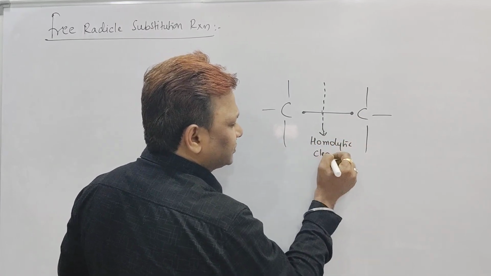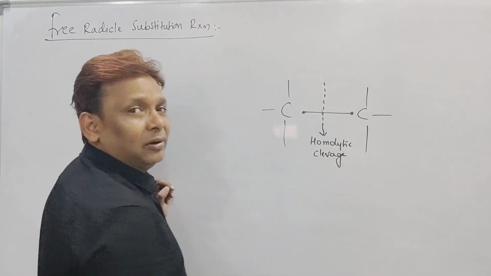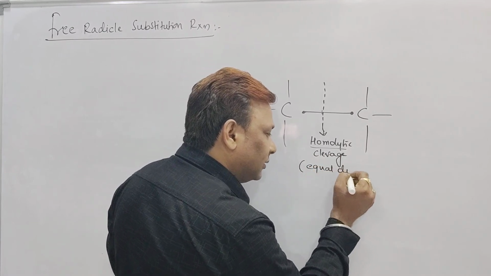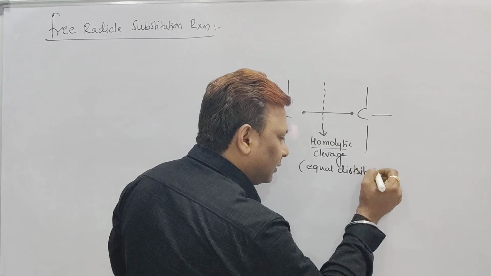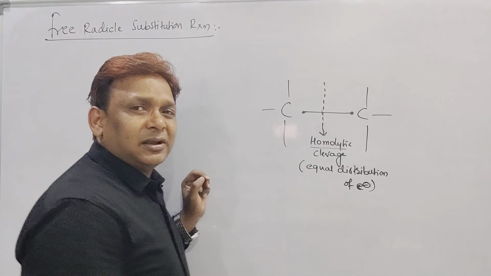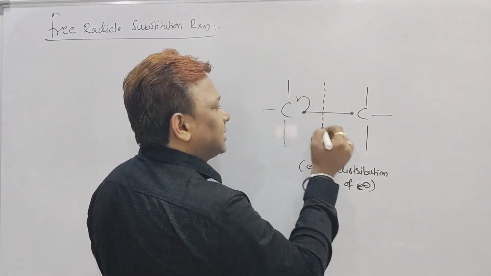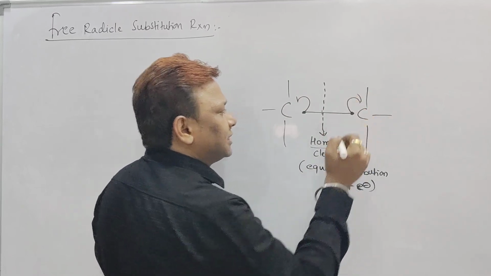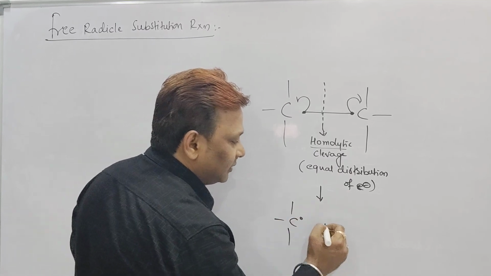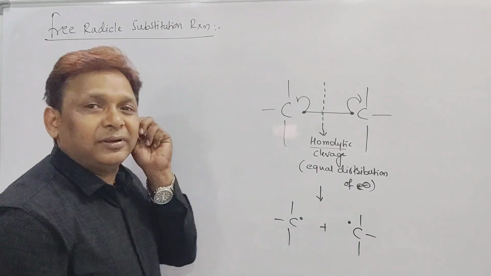Cleavage means breaking of the bond. Homolytic means equal distribution of electrons. This equal distribution of electrons is called homolytic cleavage, which means this electron goes to this carbon and this electron goes to this carbon. How does it look? See, carbon bonded with 3 bonds and this is there. Carbon bonded with 3 bonds and this is there. This is called formation of a free radical.